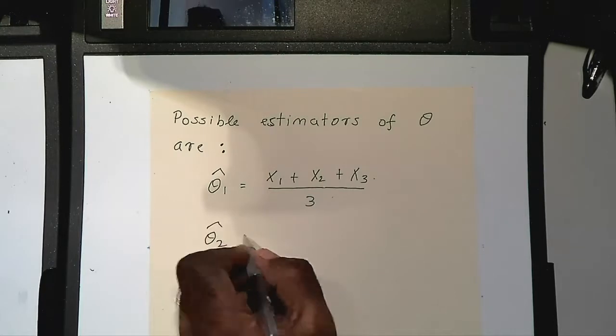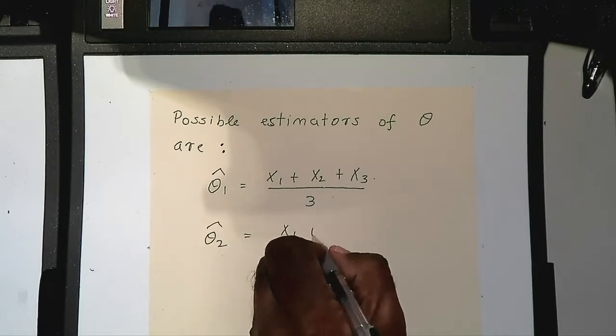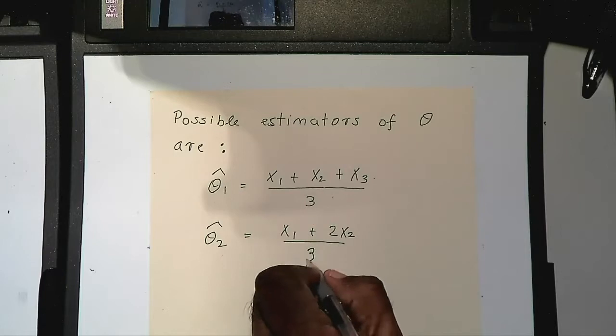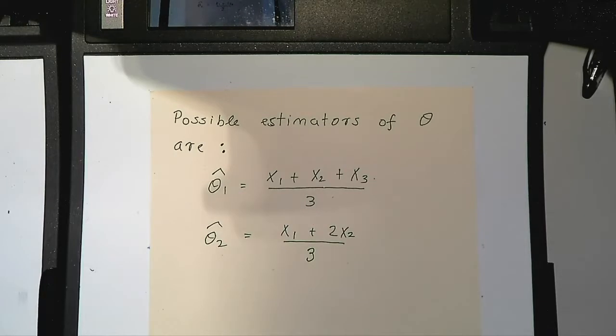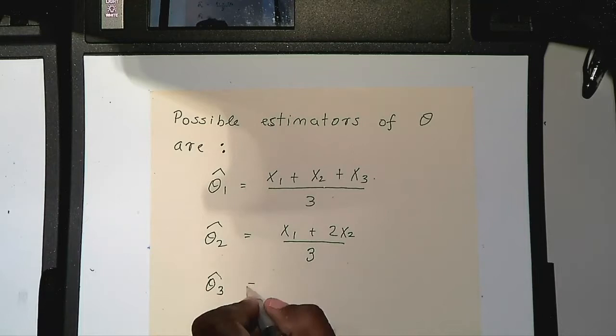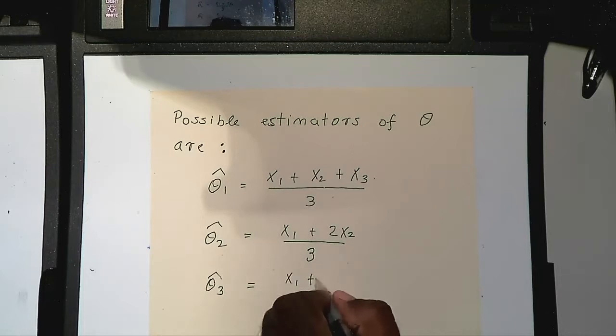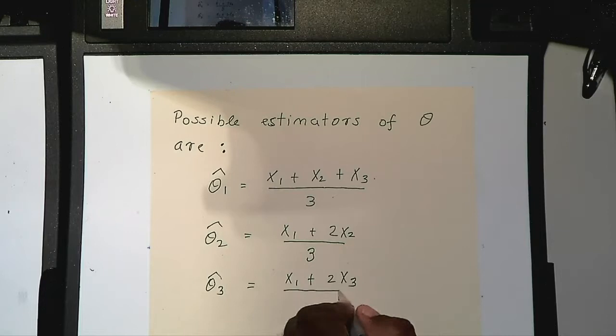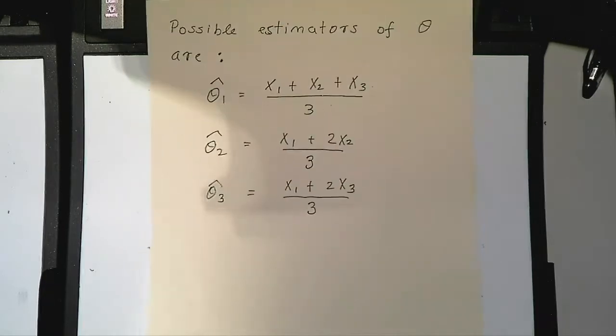Another possible estimator is to do this. Another possible estimator is this. Another possible estimator.